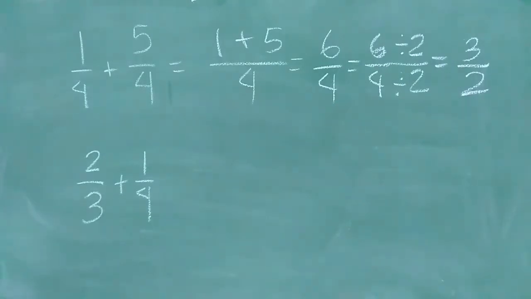To find their common denominator, let's just multiply the denominators. Then we can add it already. Alright, 3 times 4 is 12, the common denominator is 12.